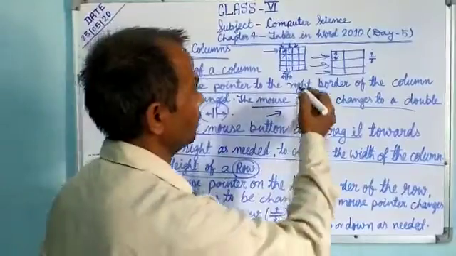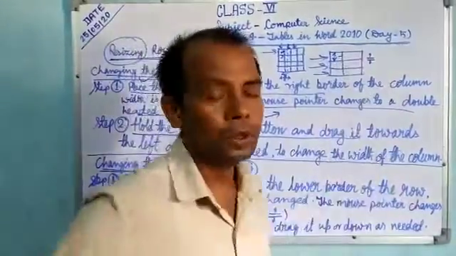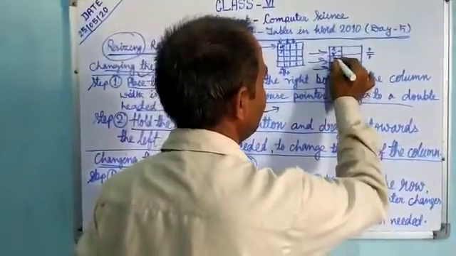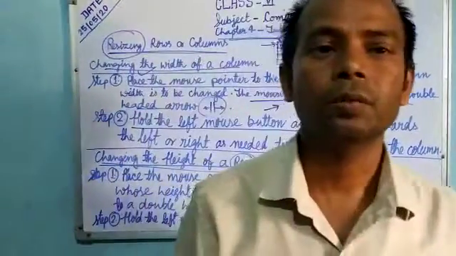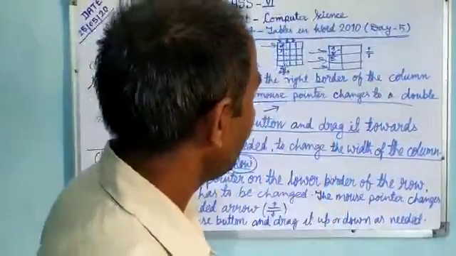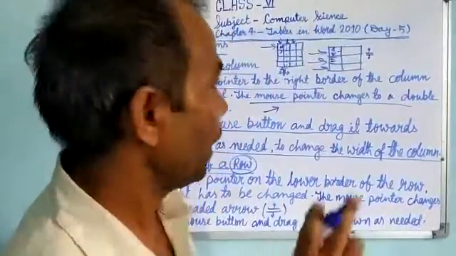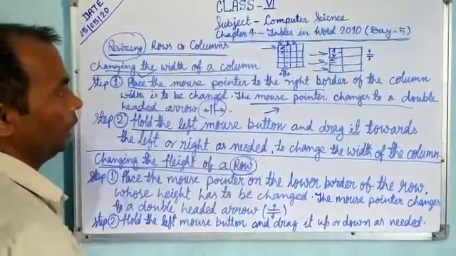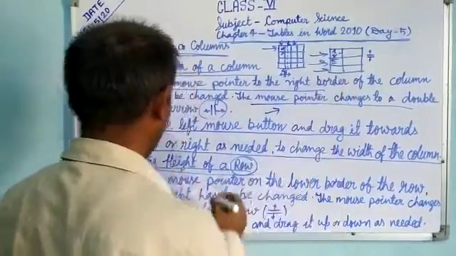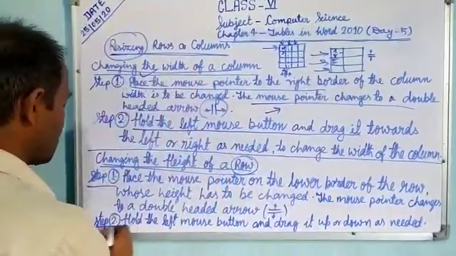Suppose we are writing science, then well and good. But whenever we are writing here physics, chemistry, biology like that, then we need some more space, and we have to increase the height of the rows. For doing that, we have to follow step 1 and step 2.